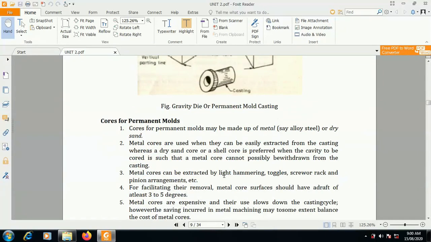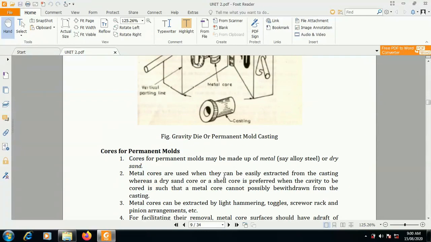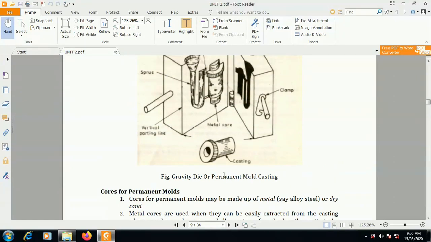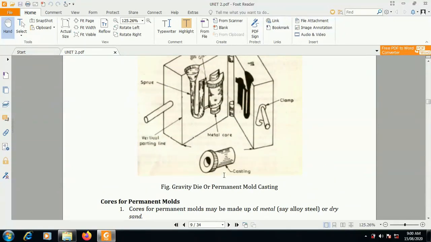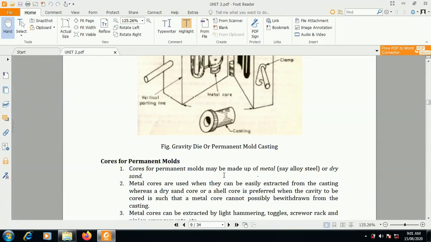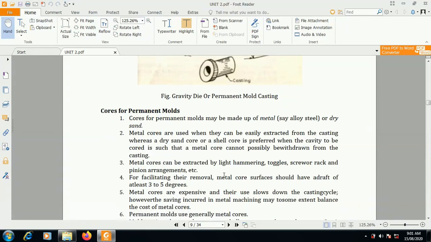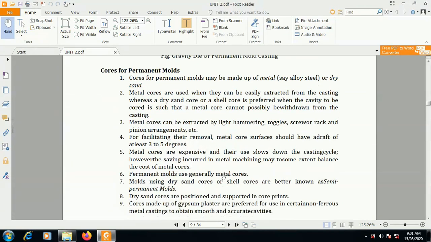Here metallic cores are provided with 3 to 5 degree of allowance. We have seen that draft or taper allowance is given to the surface of the pattern which is perpendicular to the parting line. In the first chapter we have seen the same kind of allowance is given to the surface of the core, so that removal of the core is easy from the solidified casting. That is, 3 to 5 degree of draft is given on the surface of the core for its easy removal.